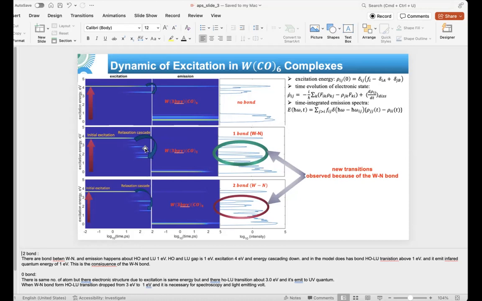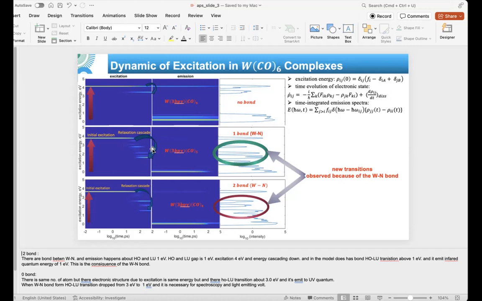That energy cascade emits quantum energy of 1 electron volt, which we can say is emitted in the near infrared range.